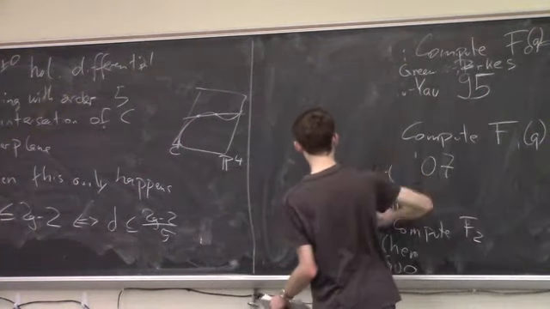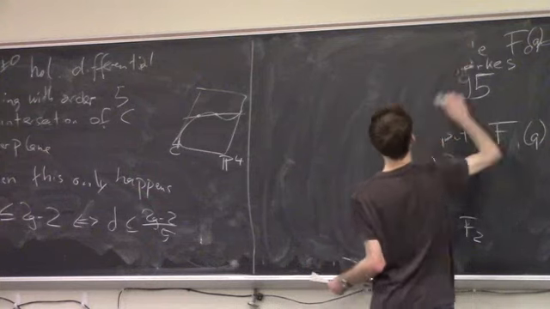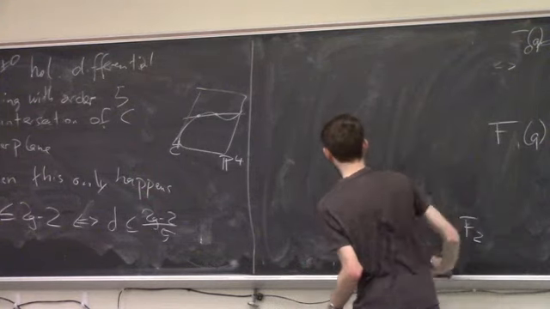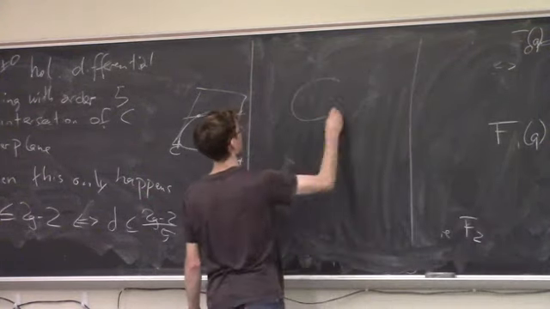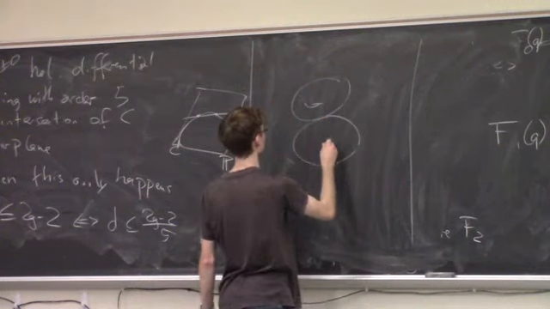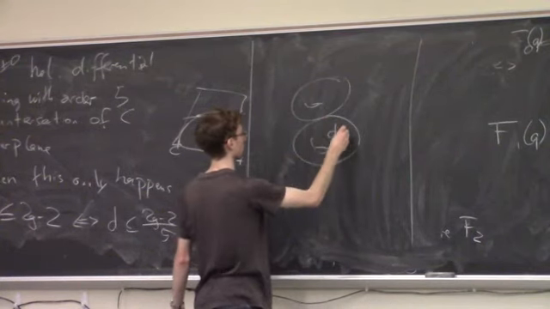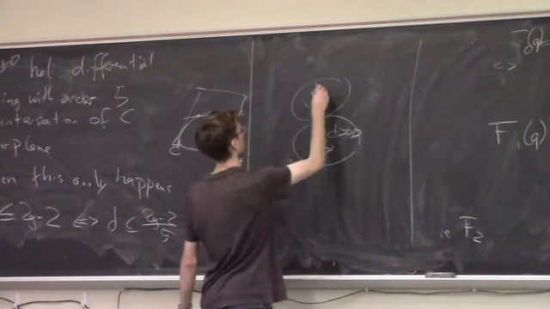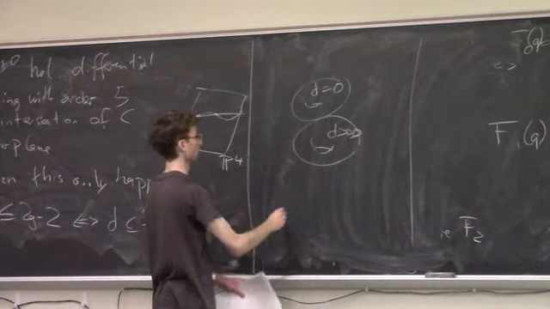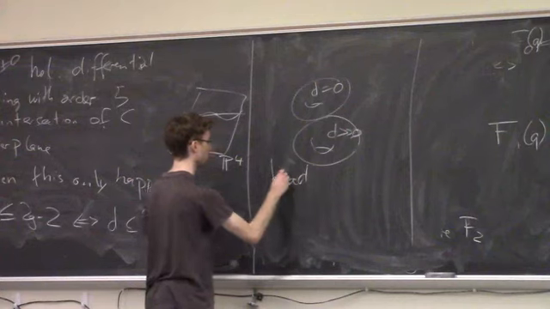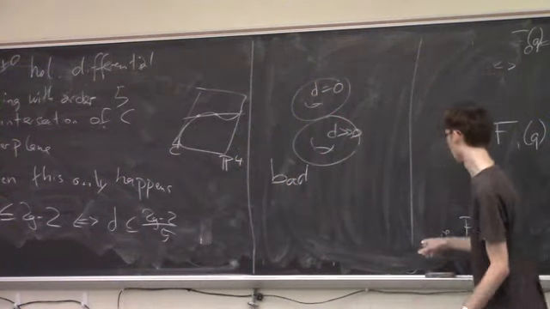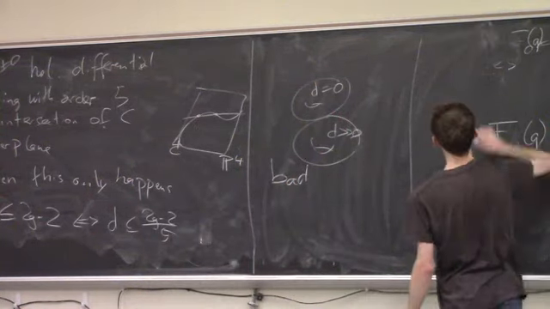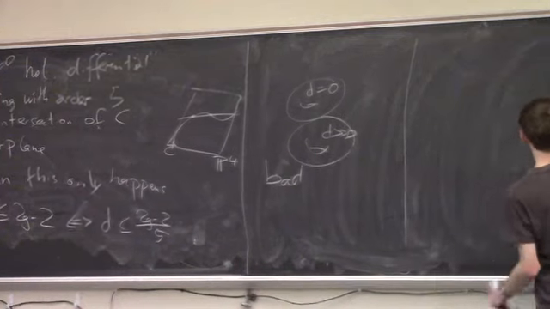The curve could have several components. Maybe if some of them have large degree, you're fine. But if some of them have degree 0, this one is bad, and the principle fails.